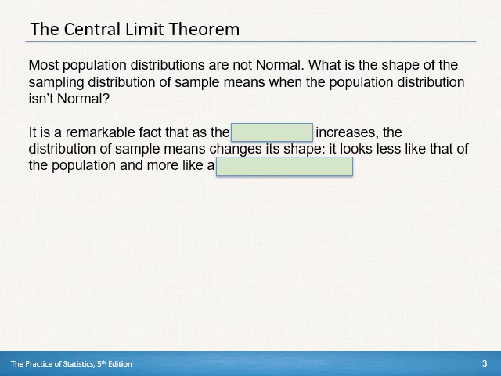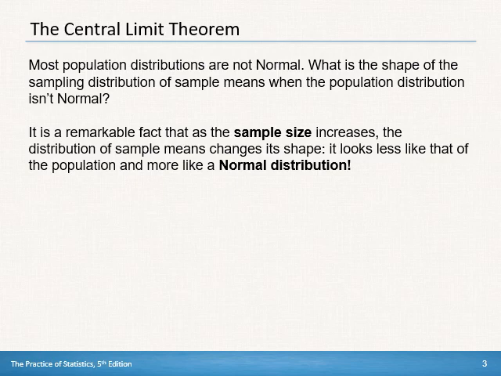All right, so it's pretty remarkable when you look at that web-based applet that as the sample size increases, we noticed that the distribution of all the sample means, which is the sampling distribution, is more and more normally distributed.